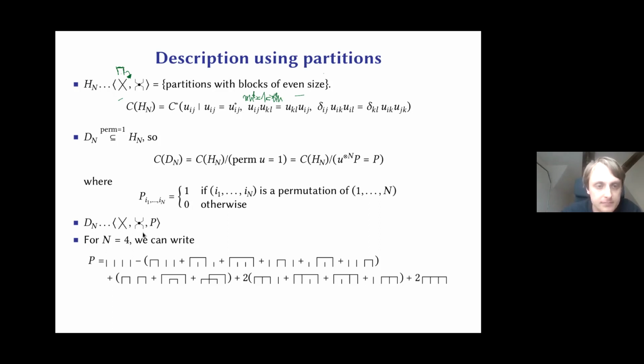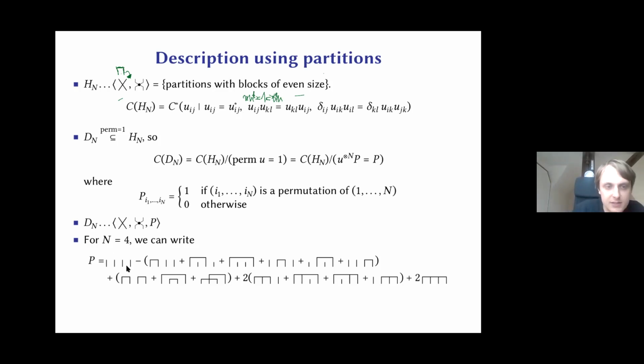So let's assume now that n equals 4, and we can actually describe this permanent, or this tensor P, as a partition thing. And we can do it as follows. I'll just briefly explain why this is true.